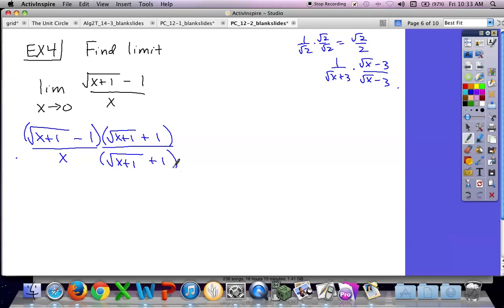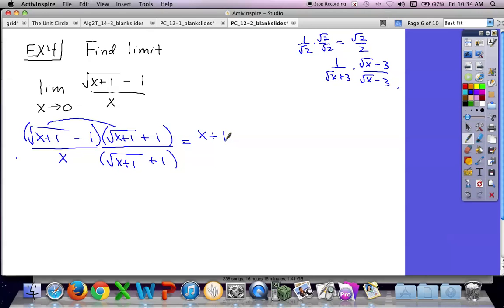Okay. Now, in the numerator, that's a FOIL. I'm going to show part of it anyway. What do you get when you multiply the first terms? The square root of x plus 1 times the square root of x plus 1. It's x plus 1, right? The square root of x plus 1 squared cancels the square root. So that's just x plus 1.